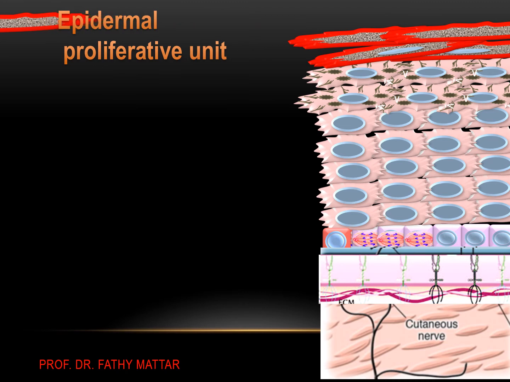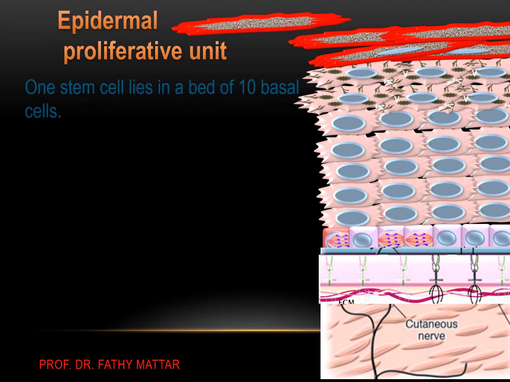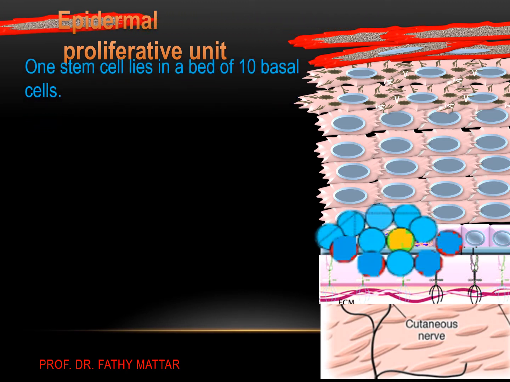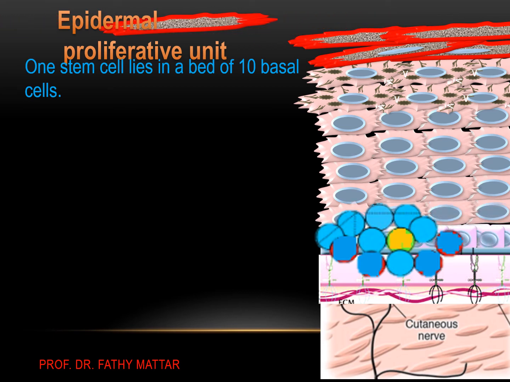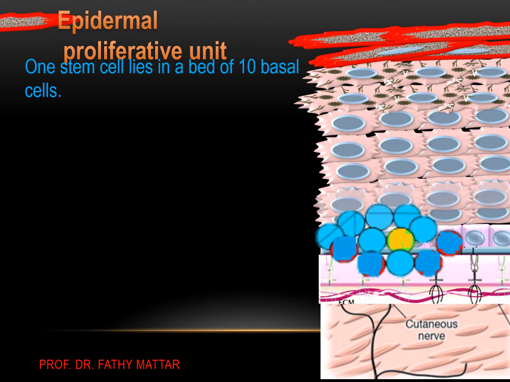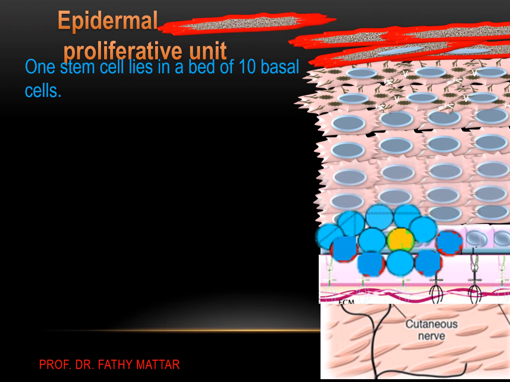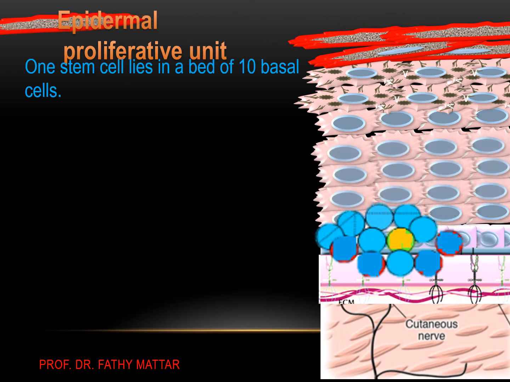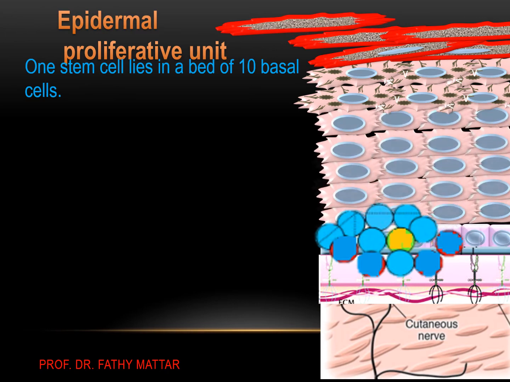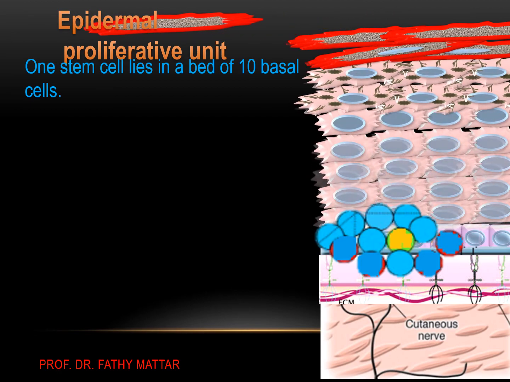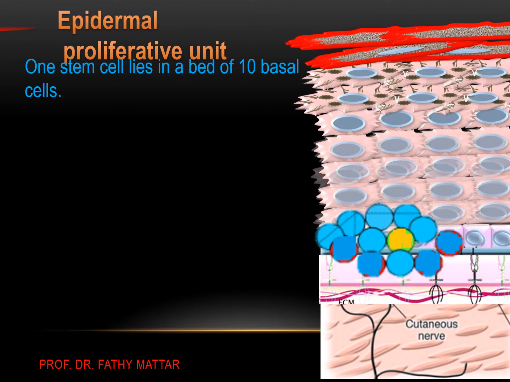So, one stem cell can divide to give 9 TA cells, and these TA cells can differentiate into spinous cells, granular cells and keratinocytes.